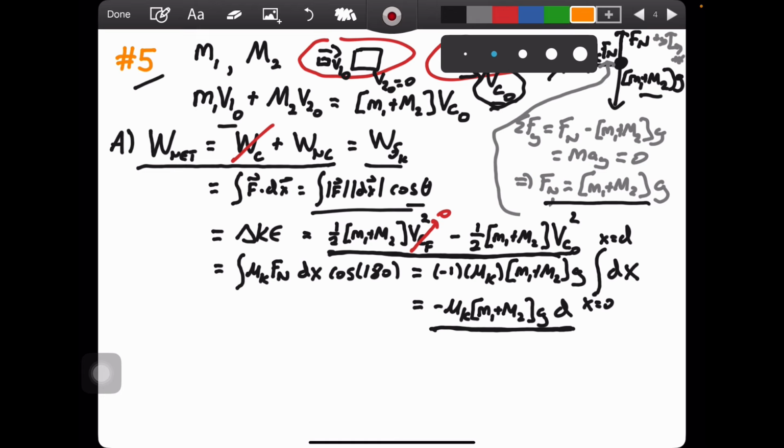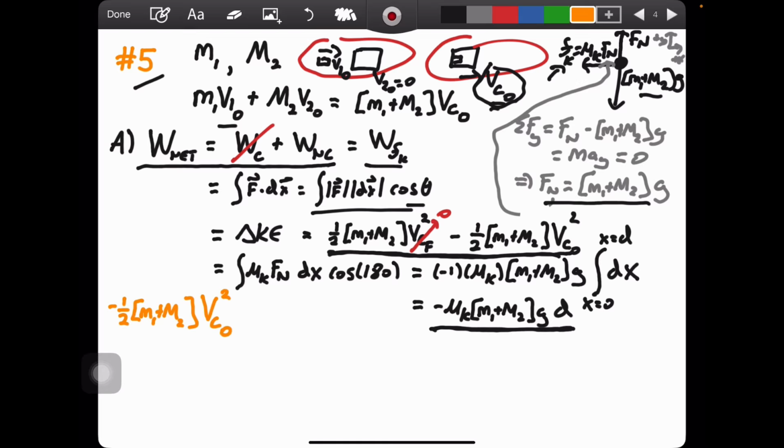And what I'm going to do, and again, this is work energy theorem, I'm going to say that negative 1/2 mass of the bullet plus mass of the block, the combined velocity initial, this is right when the bullet lodges itself into the block, is going to be equal to minus mu k, that's the coefficient of kinetic friction, mass of the bullet plus mass of the block, g d, where d is the distance it slides before it comes to a stop.